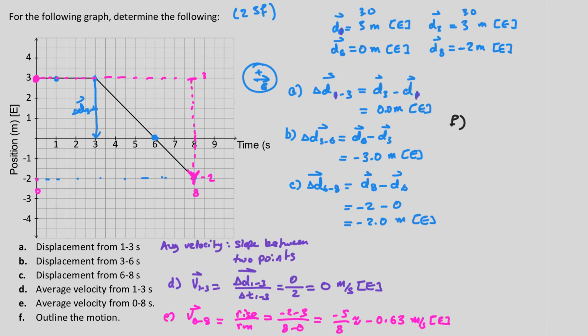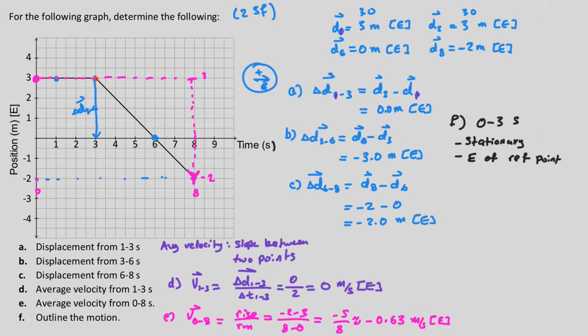So between 0 to 3 seconds here, the object is stationary and is to the east of the reference point. And we know this simply because this is the reference point and this is 3 meters east of it. So the object isn't moving.